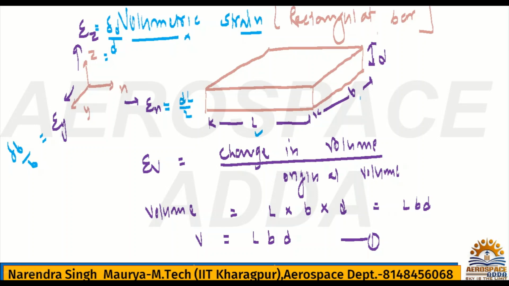In case of rectangular bar, you simply write the formula. Simply see, formula for the rectangular bar is what? You have to write volume, that is area into one length. So what is the area for the circular bar? It is nothing but pi by 4 d square.